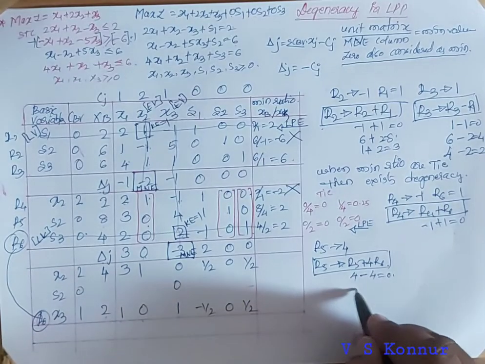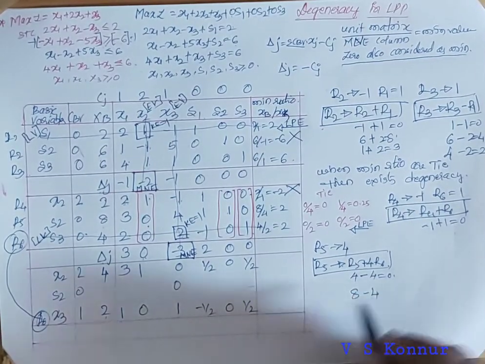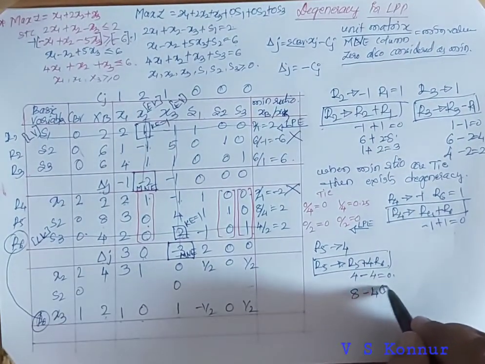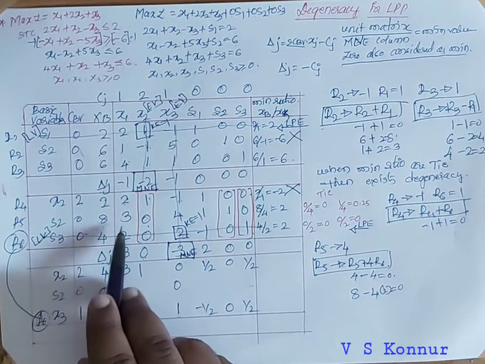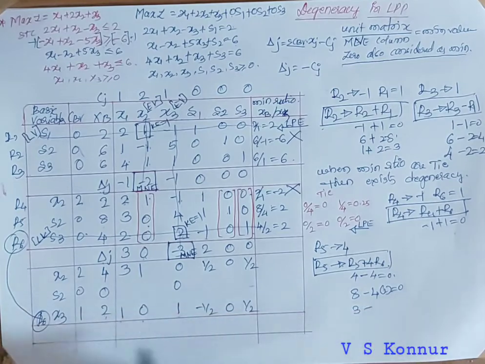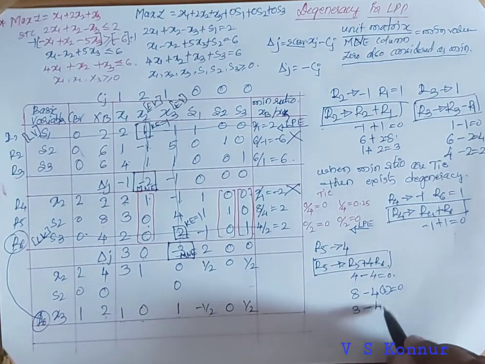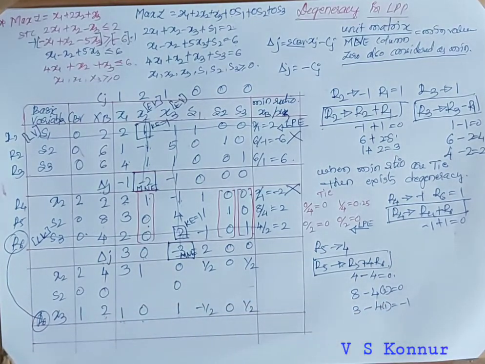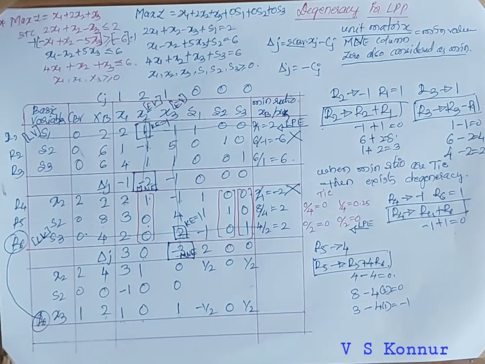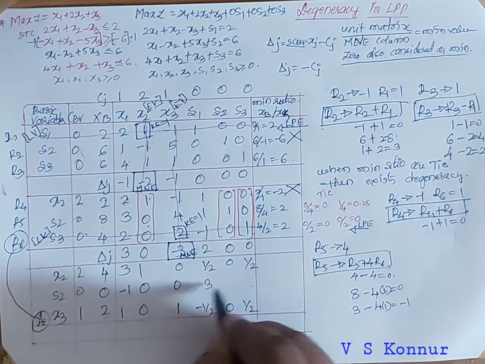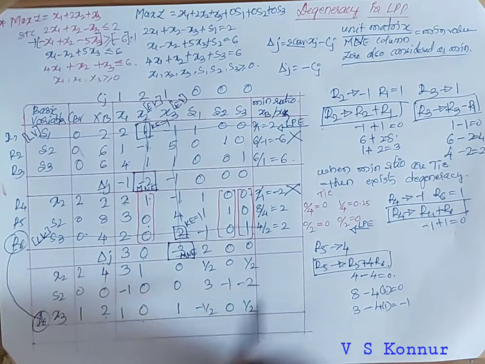It is having 8 as R5 minus 4 into 2, so that is equal to 0 we will get. The same way, one more I will explain. It is having 3 minus 4 into 1, that is equal to minus 1 we will get. In the same way you have to calculate. So we will get these values.